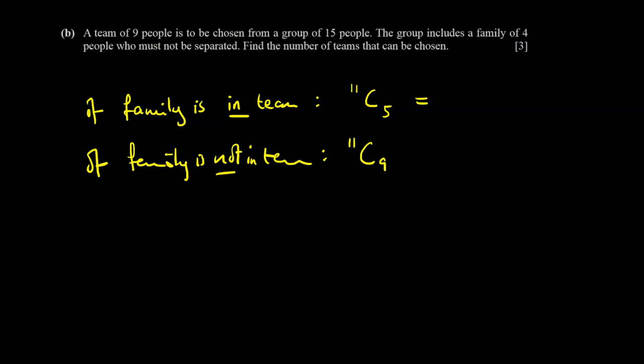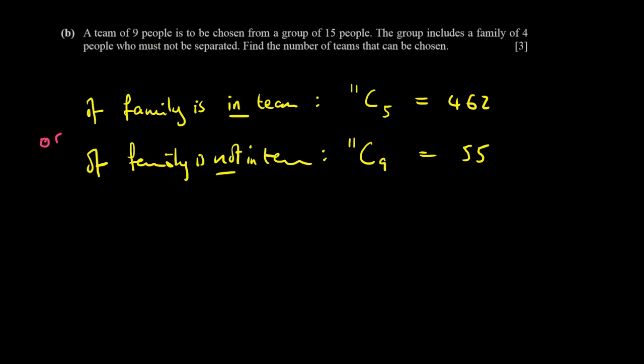11C5 is 462. And 11C9, that is 55. Now, the key thing here is to understand that these are 2 separate cases. It's either we have the family in the team or the family is not in the team.